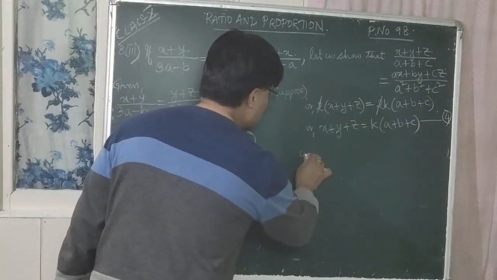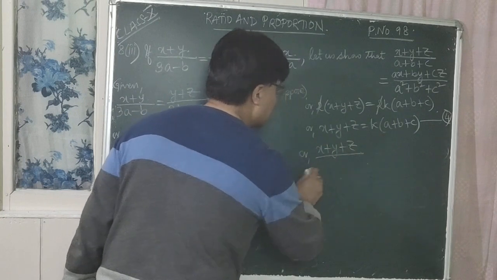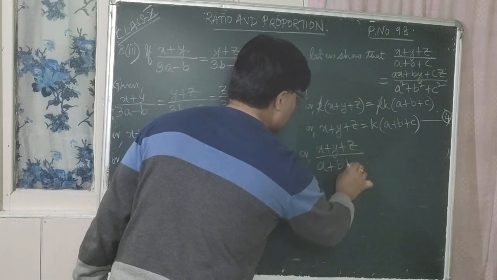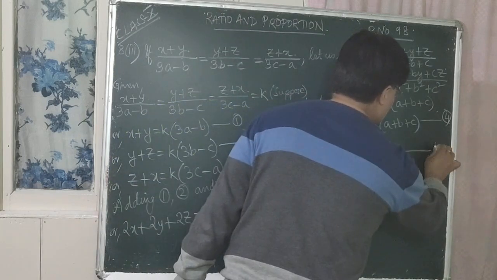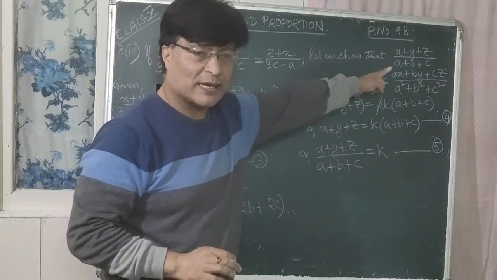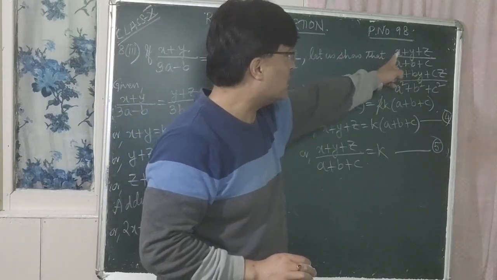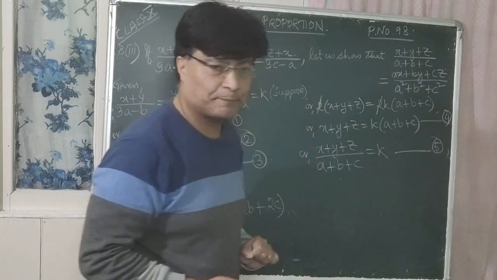So we get x plus y plus z divided by a plus b plus c is equal to k. Let us mark it number 5. That means we are getting the value for the left hand side, x plus y plus z upon a plus b plus c. What is this value? It is k.